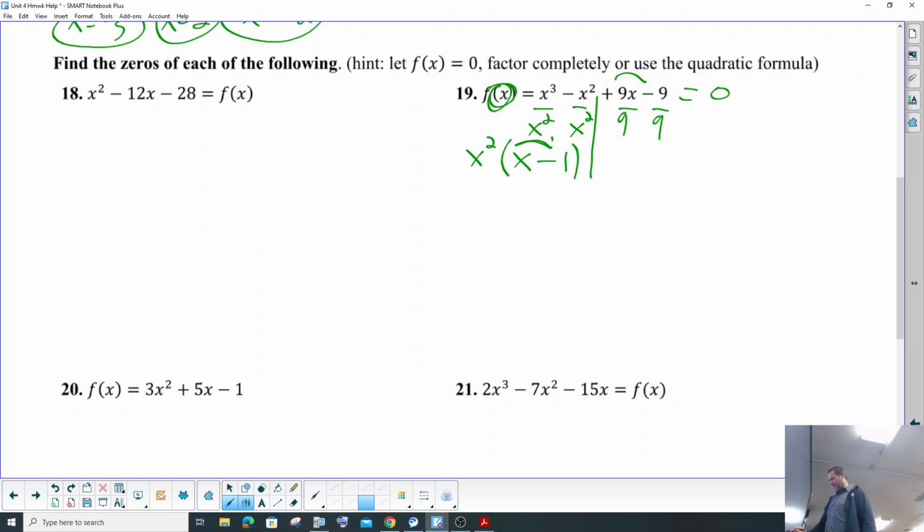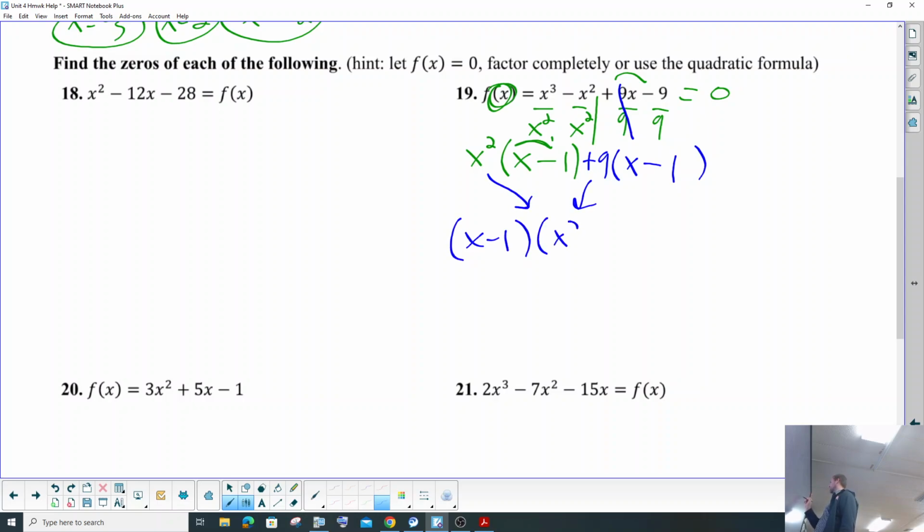So we're going to pull out a +9. So 9 divided by 9, we're left with x minus 1. Way-o!